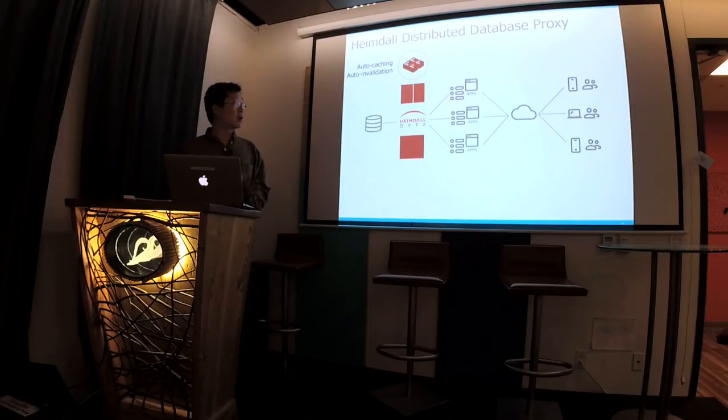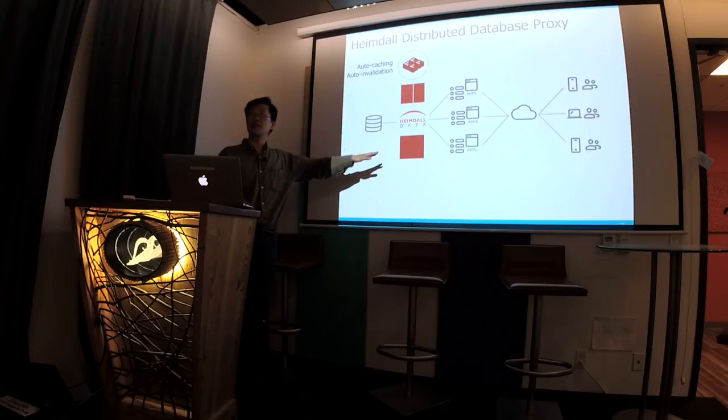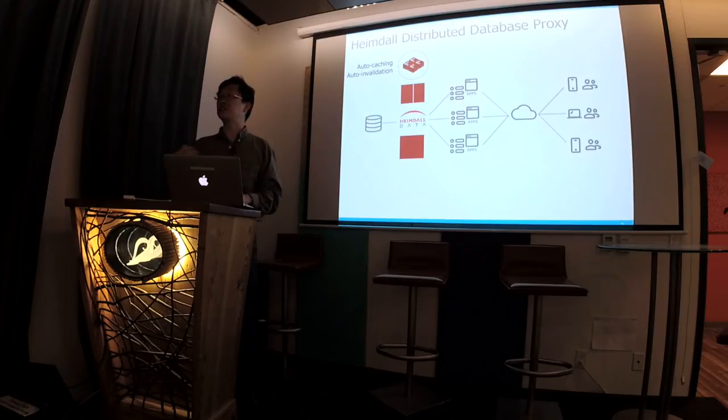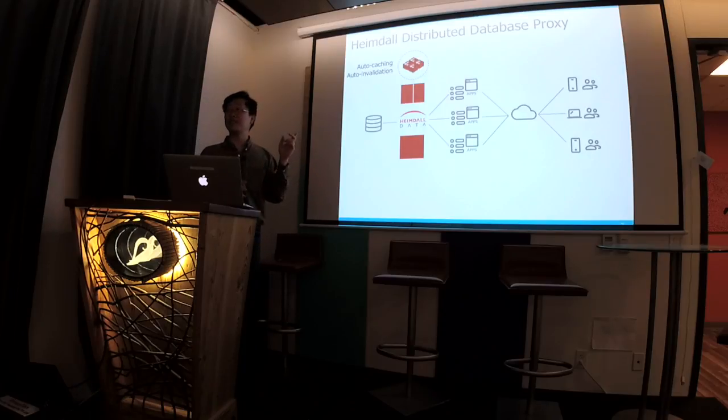Now I want to talk to you a little bit about what a proxy does, go a little more in depth. It's basically a data access layer solution so that you don't have to develop it. One of the ways that it offloads the database is that it provides caching. So it's caching SQL results. What Heimdall Data does is it automates caching and it automates invalidation.